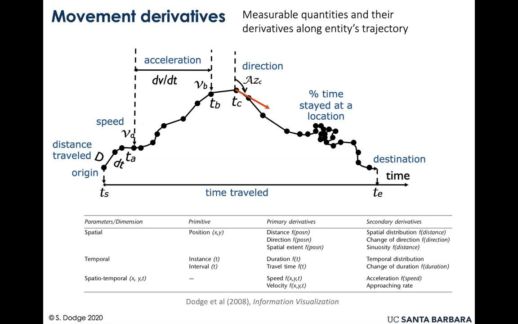There are many different parameters that we can calculate depending on the purpose of the study. Some of them require only one GPS point, but oftentimes we need more than one GPS point to compute these parameters.